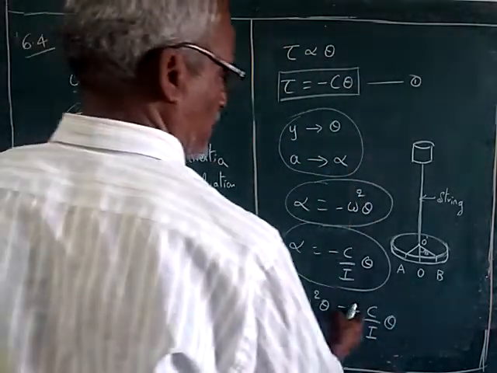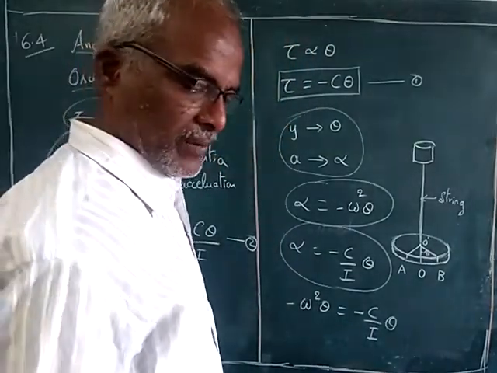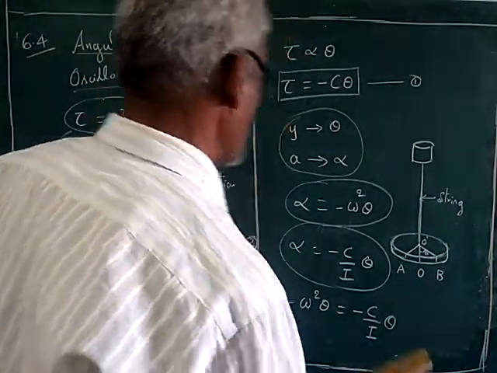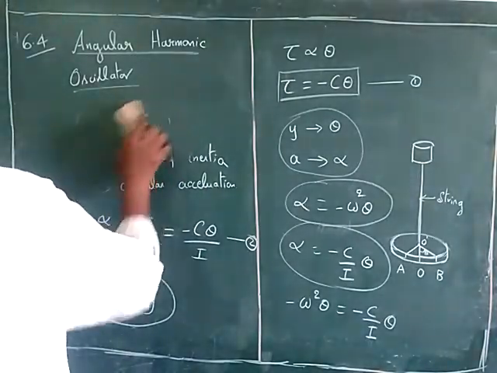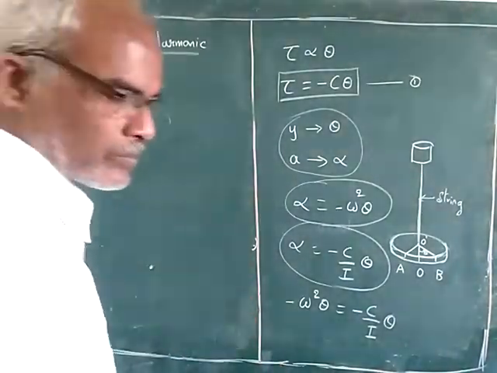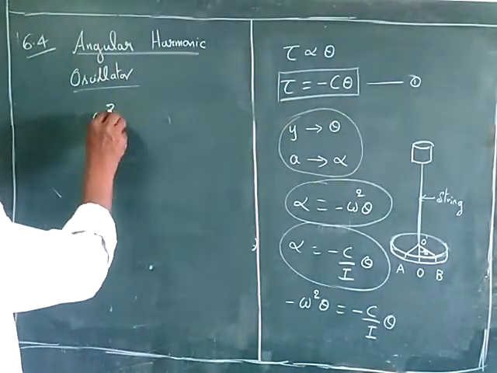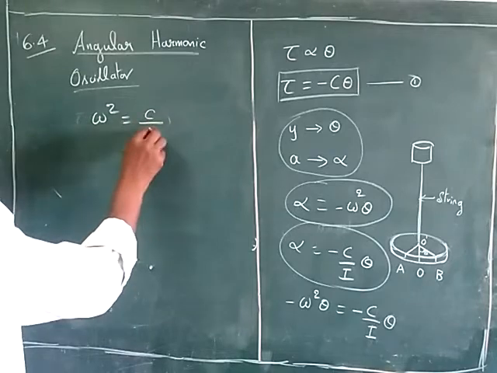So minus gets cancelled, theta also gets cancelled, and finally we have omega square is equal to c by I.